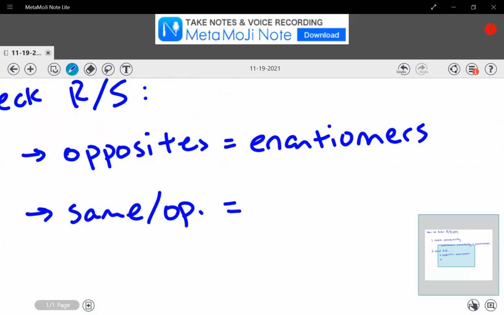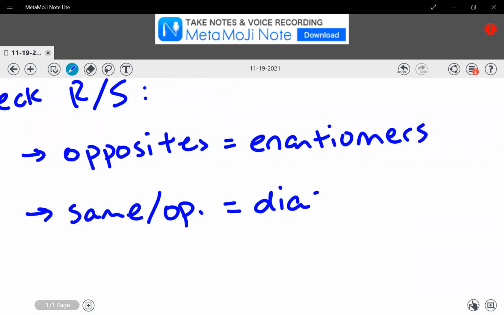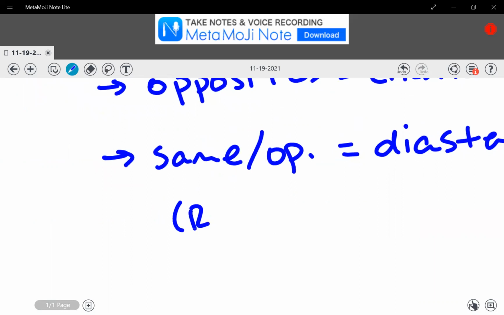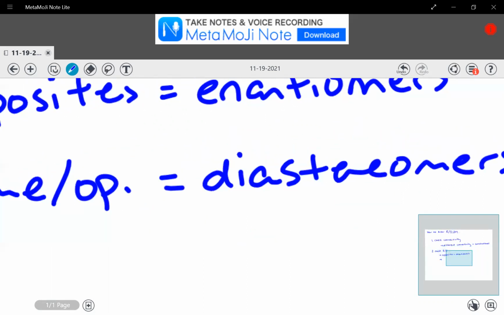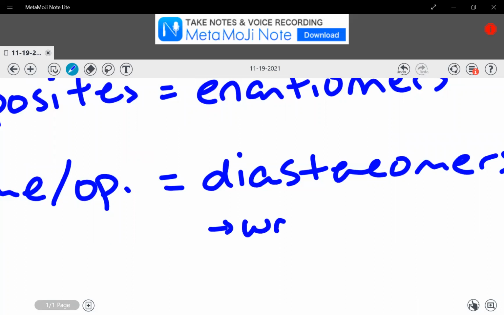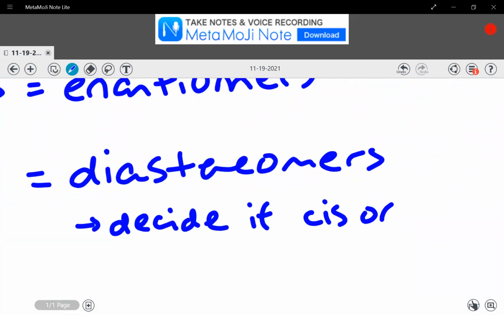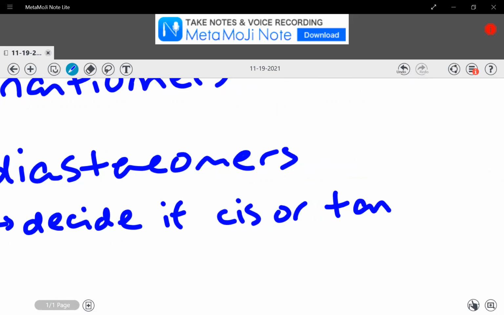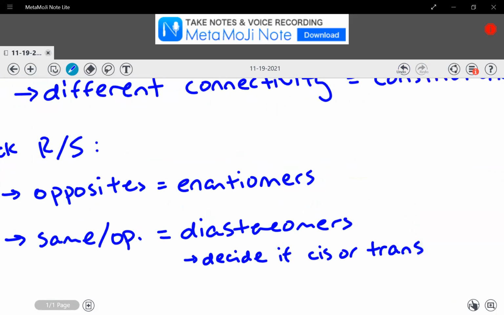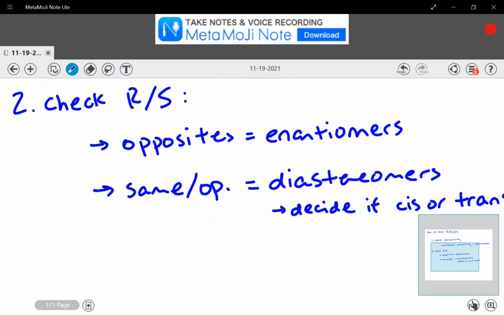So if you've got R comma S and then R comma R, they're diastereomers. And from these diastereomers, you can decide if it's cis or trans. Remember, enantiomers don't have cis or trans. Diastereomers have it all. Enantiomers just have R or S.